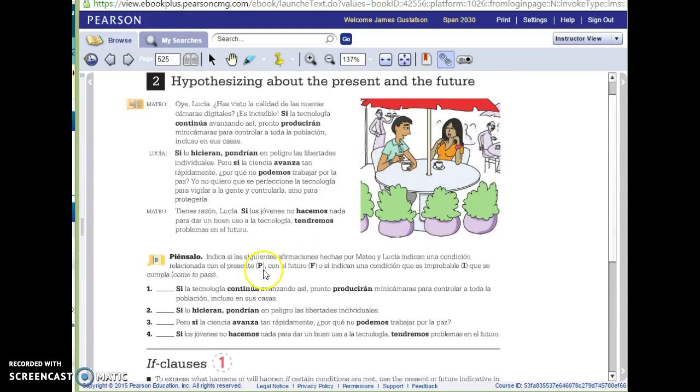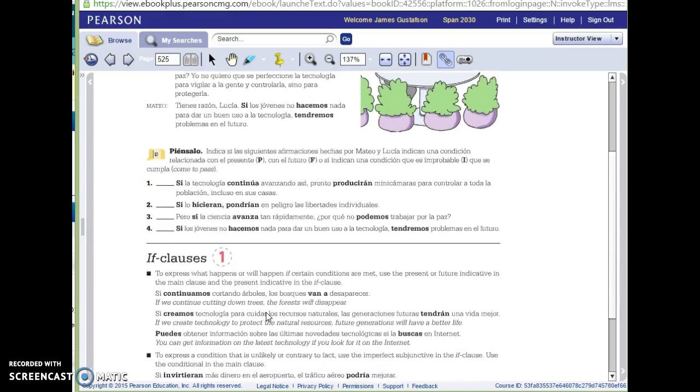And hypothesizing about the present here in number 2. But really, you just have 2 patterns. Si plus the present tense plus future in the second clause, or si plus imperfect subjunctive plus conditional in the second clause. Those are the 2 patterns.